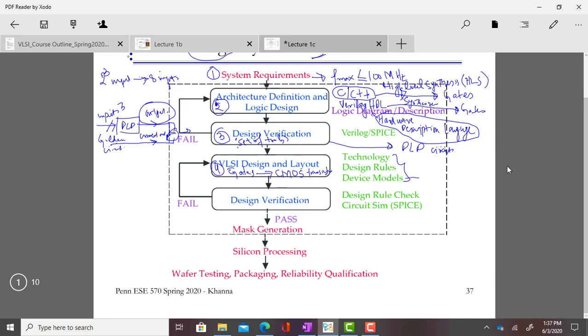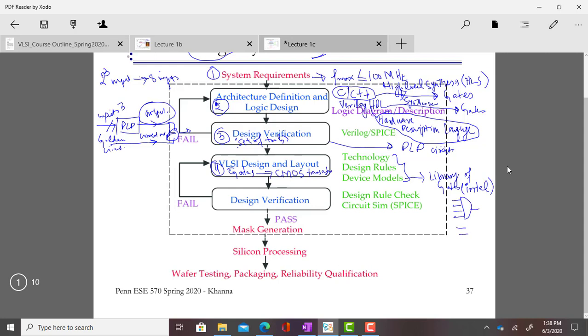One is device models. This is a sort of library of gates. For example, this may be a library that Intel uses, and this library may have, for example, a 4 input AND gate.